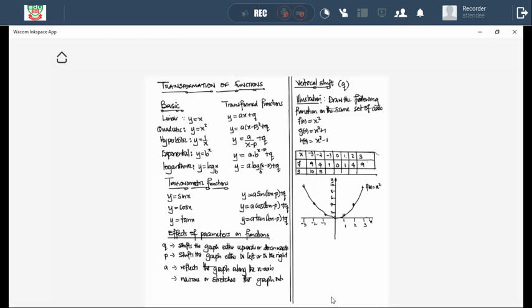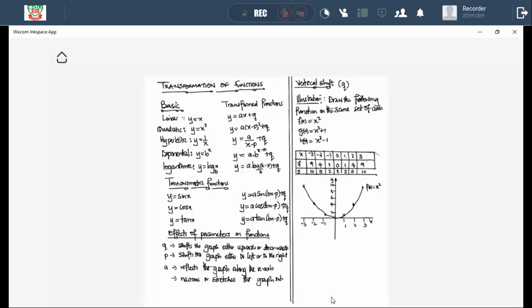Negative 1 squared plus 1, that will give you 2. 0 squared plus 1, that will give you 1. 1 squared plus 1, it will give you 2. Then 2 squared plus 1, that will give you 4 plus 1, it gives you 5. Then 3 gives you 10. Okay, right. That is my table of values.